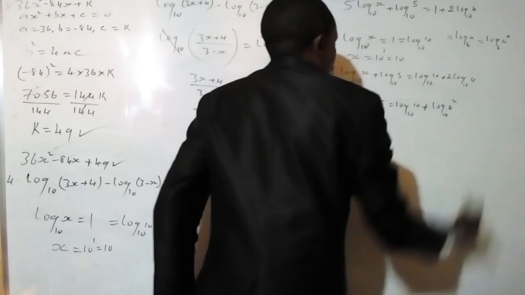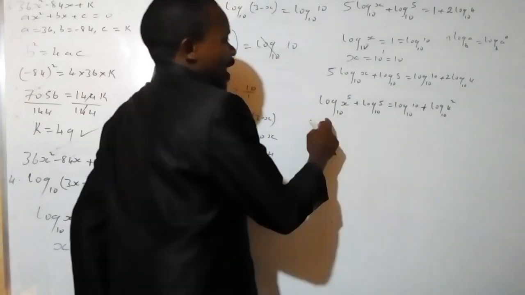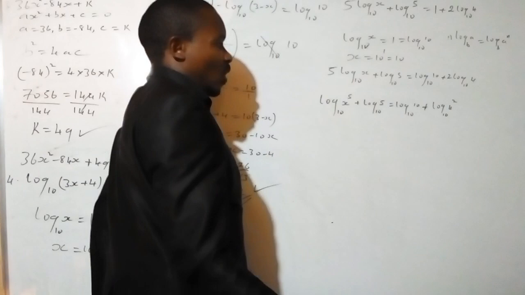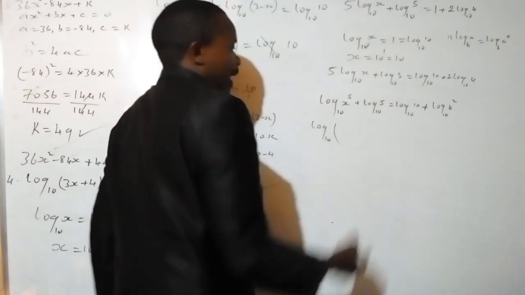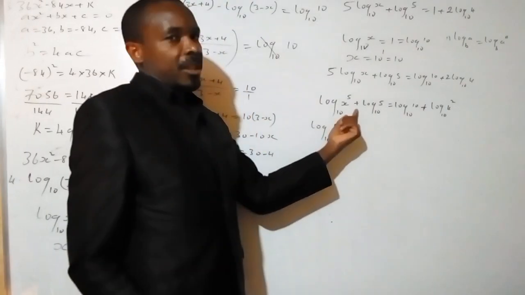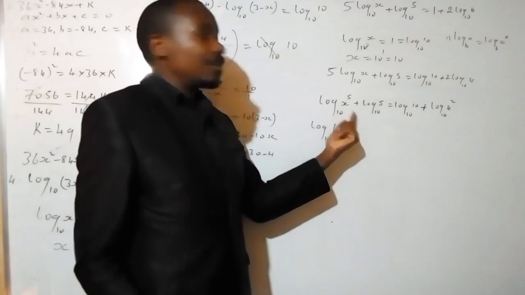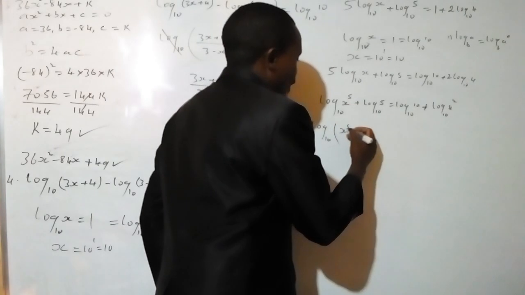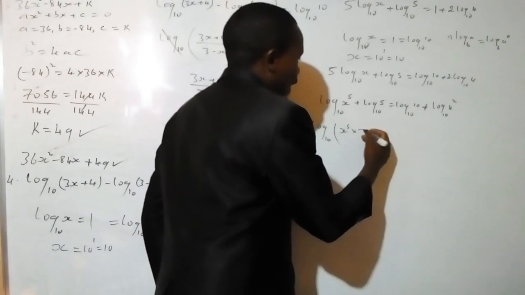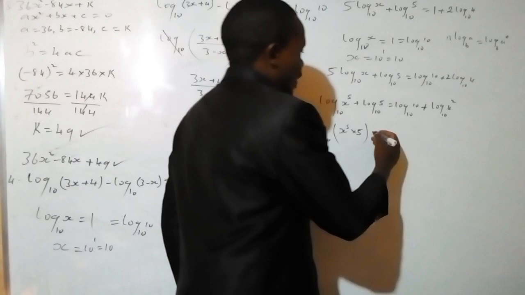That being the case, log is common. You are going to take log outside the bracket. Log base 10, open the bracket. Here we have plus. According to the law of logarithms, for plus, you multiply. You multiply x to the power 5 times 5. Then it is equal to log base 10, open the bracket.